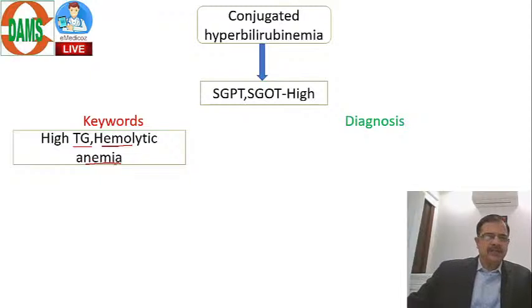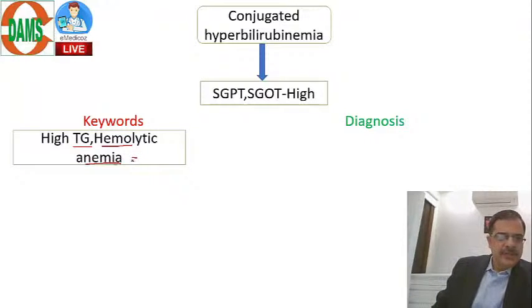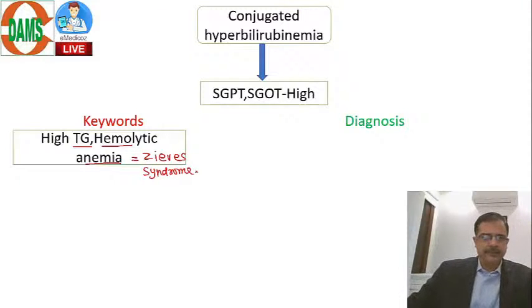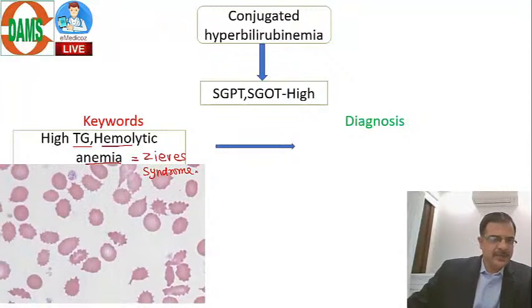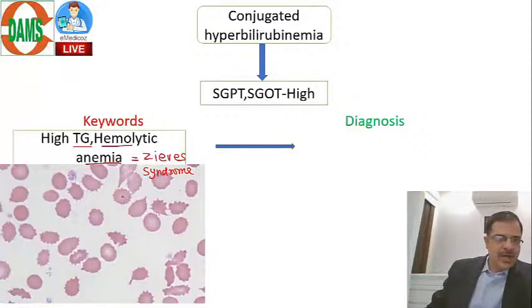Remember, high triglycerides and hemolytic anemia point towards a syndrome, and that syndrome is Zieve syndrome. Hepatitis is there, and for the diagnosis, look at the peripheral smear for this hemolytic anemia. These are all RBCs, these red cells.